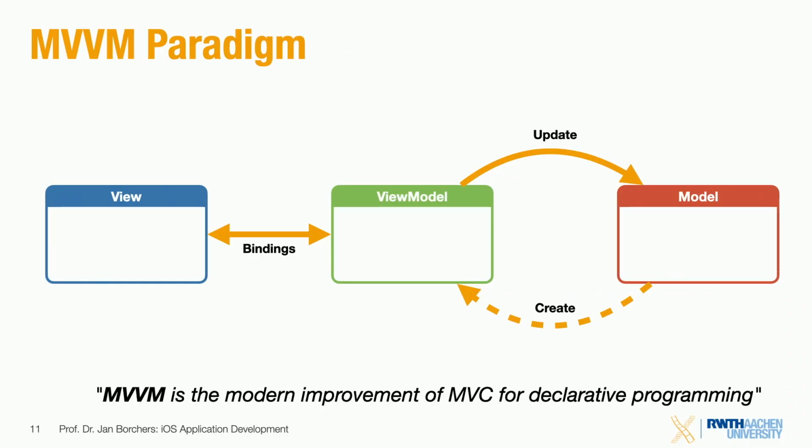You've got your view, which is bound with two-way bindings to the view model. The view model then interprets what's in the model to send to the view, right? Or it gets changes from the view and passes these on after interpreting them and translating them to update the model. And the model is basically there to, like normally, store your data.